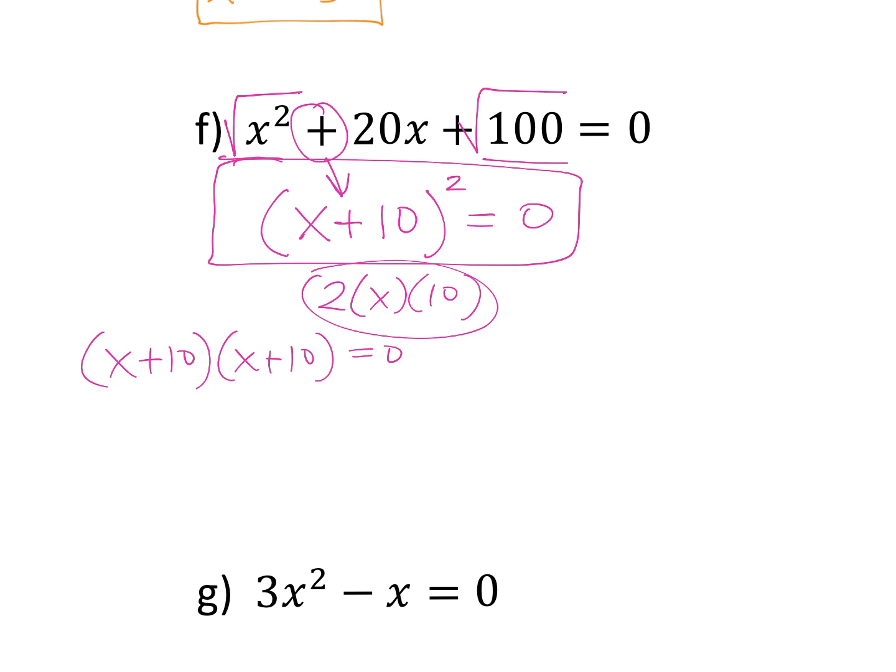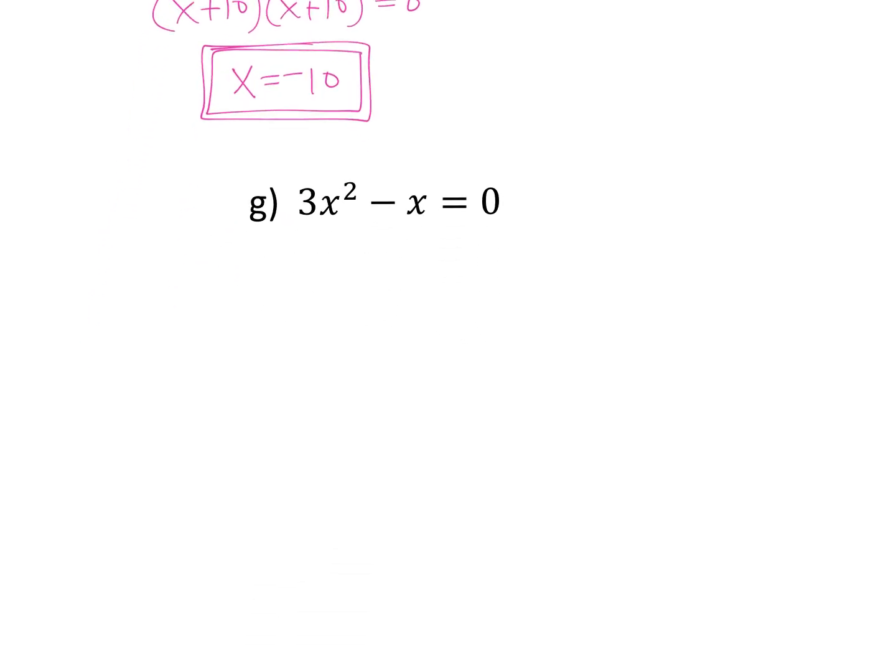The only option there for either one of those right now is x equals negative 10. So you can set them both equal to 0 and solve them both, but you'll get negative 10 for both. You don't need to write that twice. It's the same thing, right? So in a situation like this, where it's a perfect square trinomial like that, you will just get one answer. In this case, that answer is negative 10. Good on that? Okay.